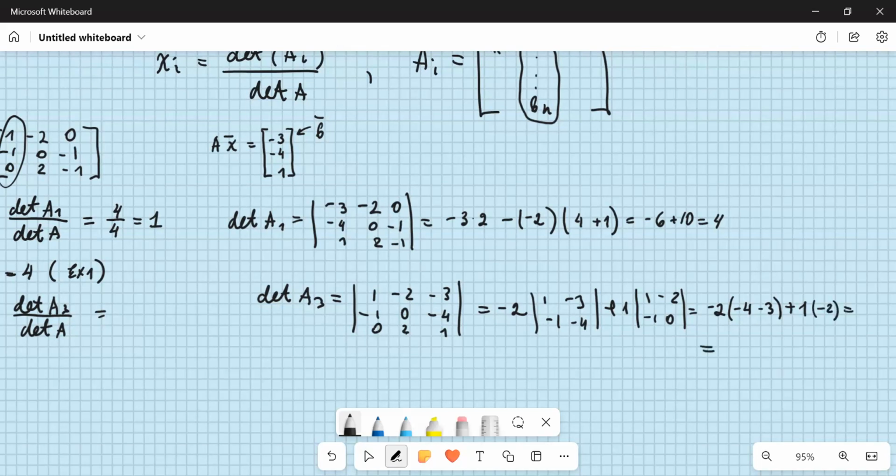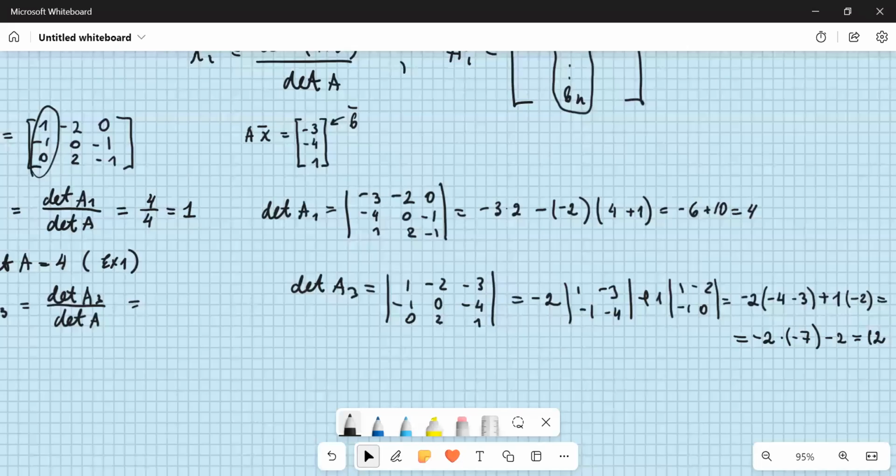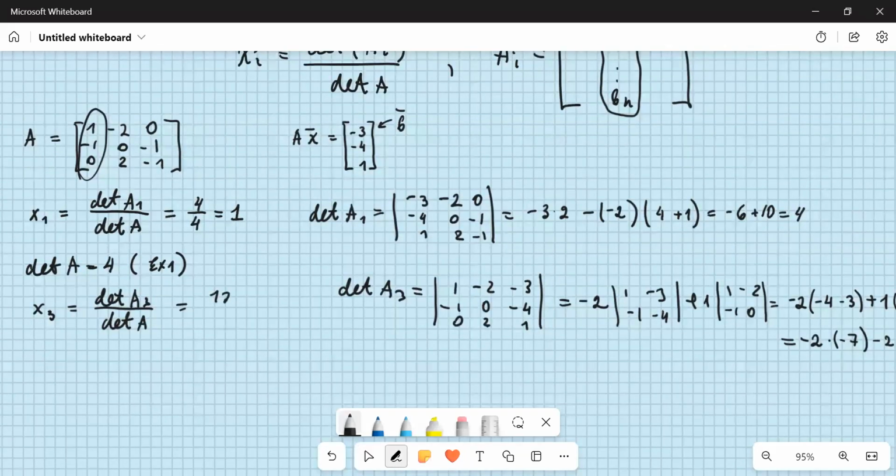So my result here is minus 2 by minus 7. And here is minus 2 again. So it's 14 minus 2. I think I'm getting 12. So I'm going to substitute this 12 instead of the determinant of A3 and 4 again in denominator. I'm going to get 3. That's my solution, x3.